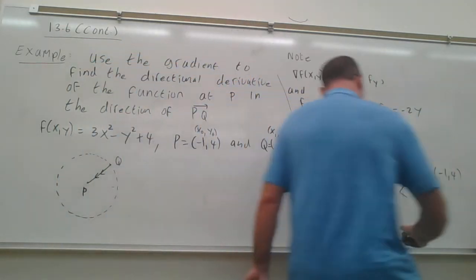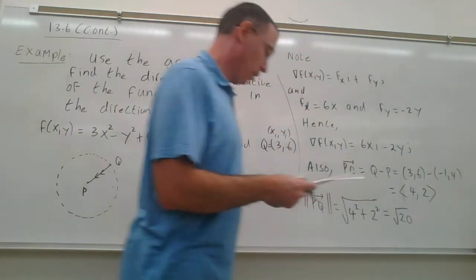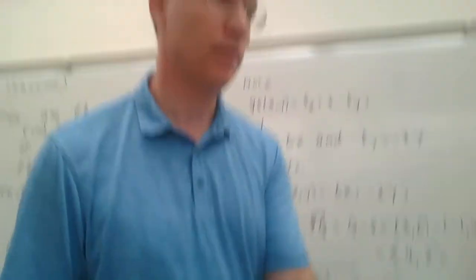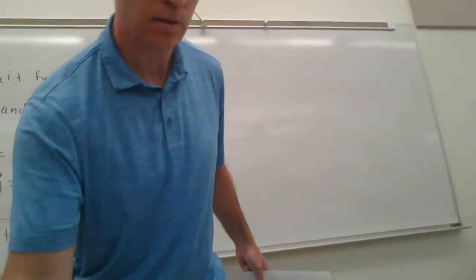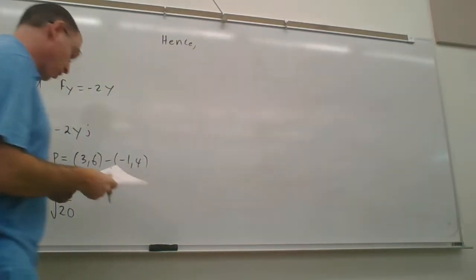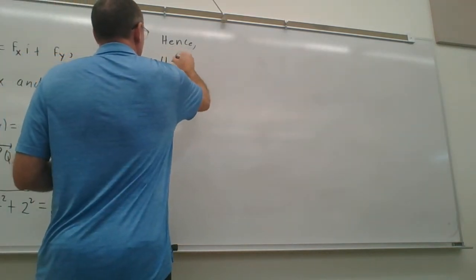So that's the square root of 20. So hence, to find our u, the unit vector, we need to normalize our PQ.